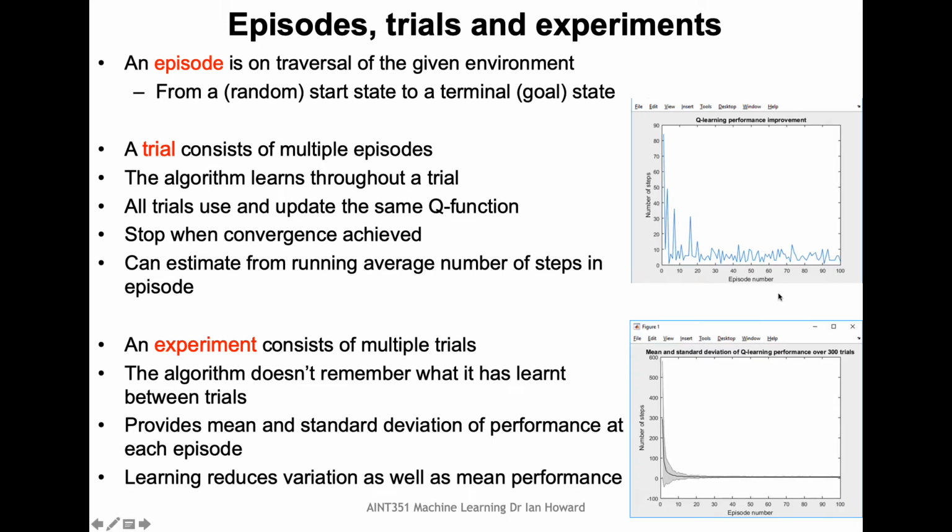Looking at performance in a particular episode, one way of getting an idea how well it's working is to see how many steps it takes to get to the end. So how many steps does this thing in a maze, say, take from a starting position to get to the ending position? As it learns the Q-table, it'll need fewer and fewer steps, because it can find the best path through.